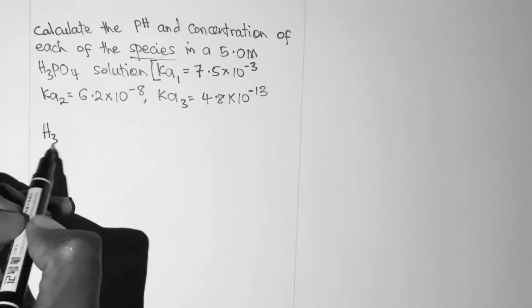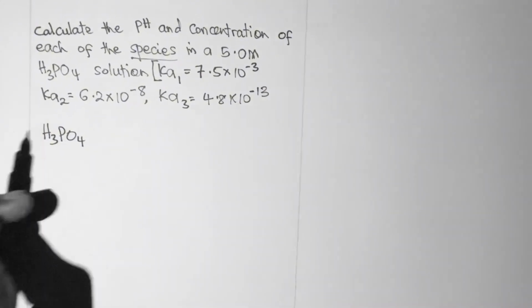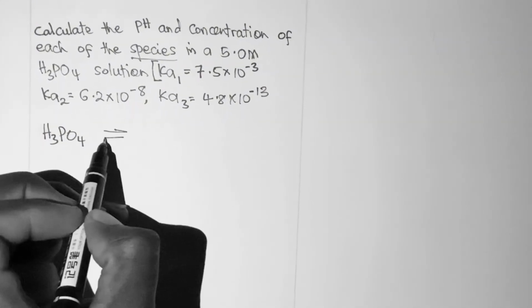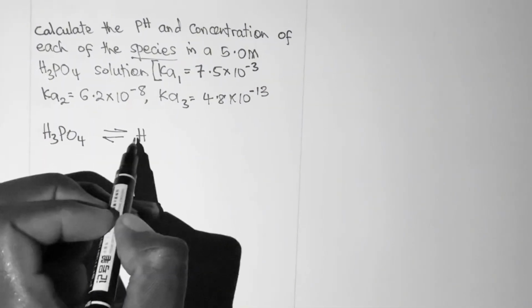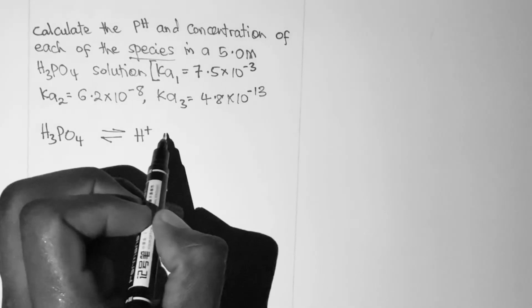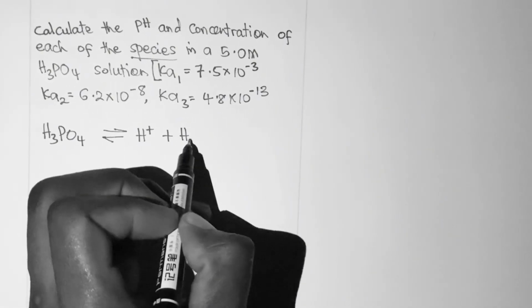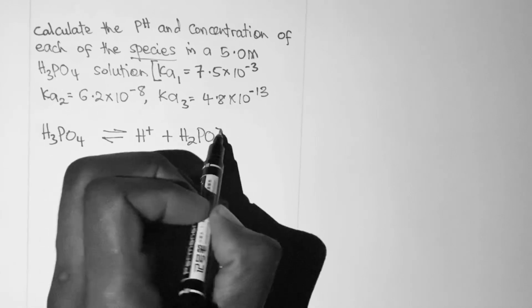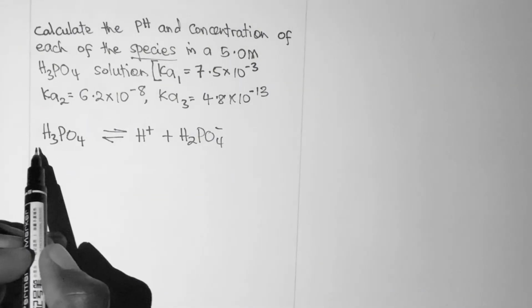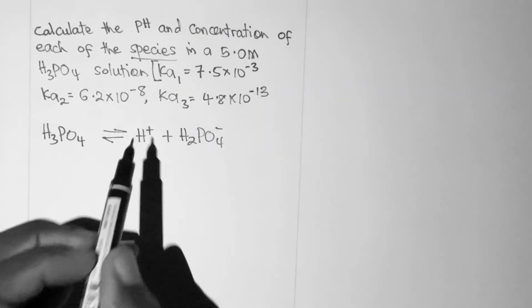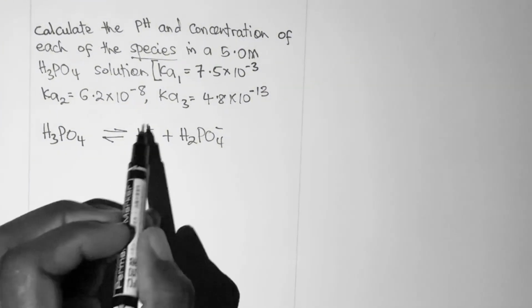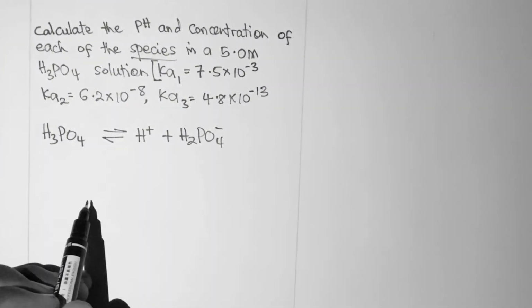We know for sure that phosphoric acid is a weak acid. So the first dissociation will be dissociation to hydronium ions and H2PO4 minus ions.